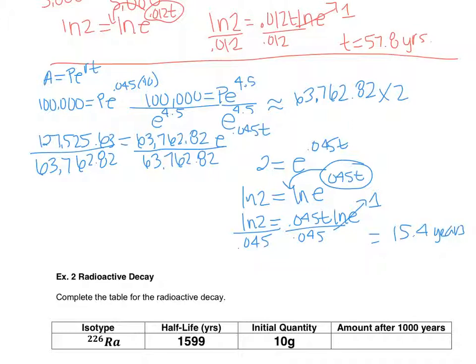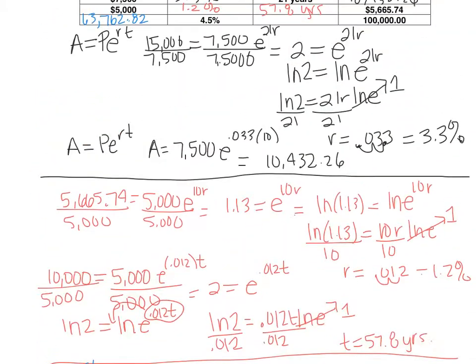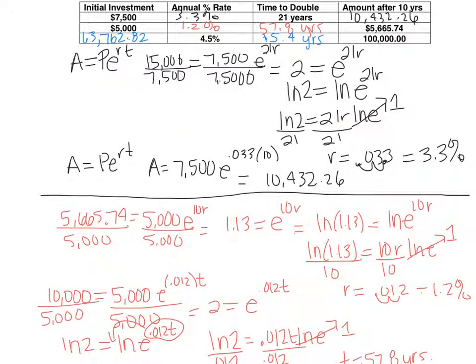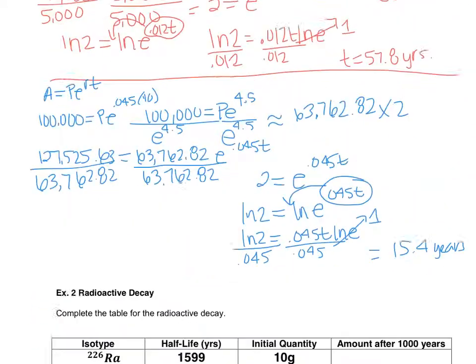So it takes us about 15.4 years to double our investment with that rate. So, 15.4 years. And so on your homework, you're going to be given various scenarios with the compound interest formula, and you're going to be expected to be able to solve for whatever is missing.